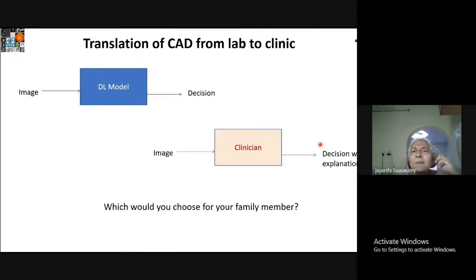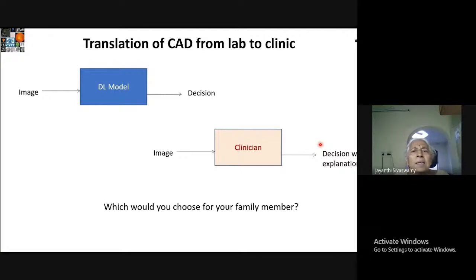This problem is also a major area of research now, which is called explainability and interpretability of DL systems. If you build a black box, then it is not going to be used in a clinic, because we are dealing with human beings and everybody wants to know why a decision was made.